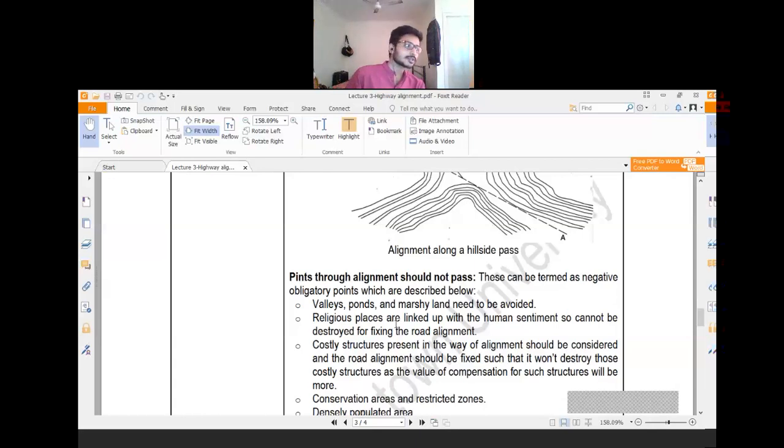Why? Because if you go through that area, you need to construct some culvert or bridge or treat the soil, and the cost would be considerably high. So you always have to take the alternative.